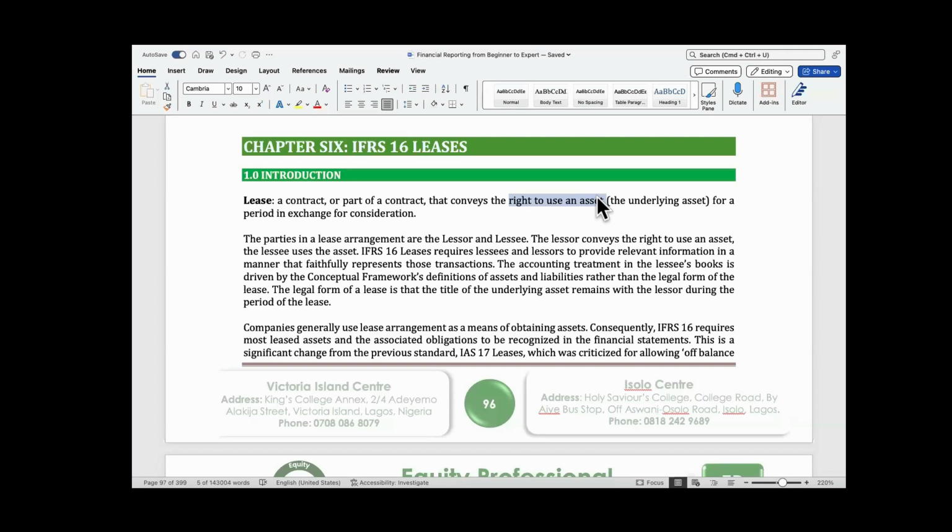Before we can have a lease arrangement, you see, in the first scenario, I gave the Keke Napep to the driver and told him to make sure he doesn't take that Keke Napep outside my vicinity. So it means the driver is just working for me. He doesn't have any control.